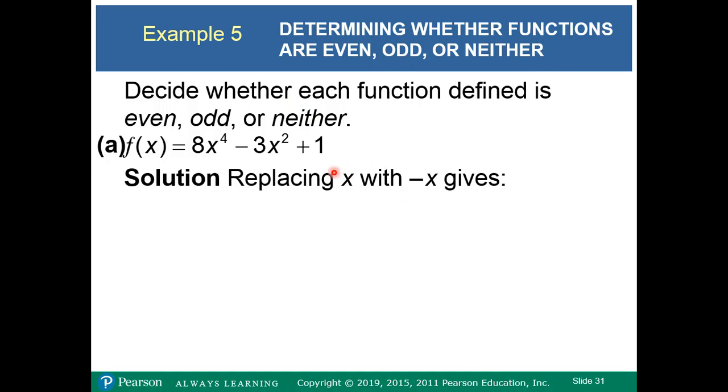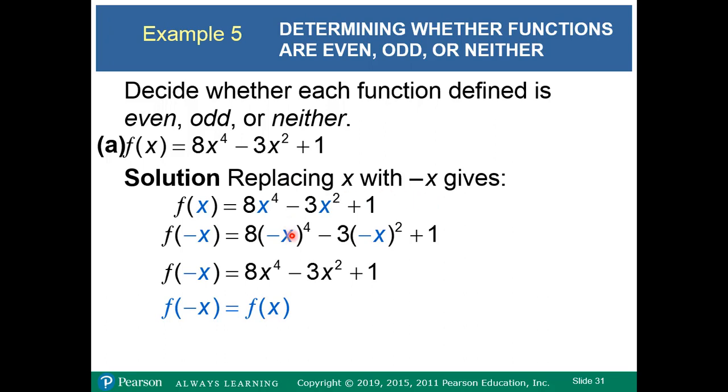So we're going to replace x with the opposite value of x and see what we get. So we get f of negative x is equal to this and this. And so what happens? Well, because these are even, these are going to end up being positive x's again. And so you're going to get the exact same value out. And so f of negative x gives you f of x. And so this is an even function.